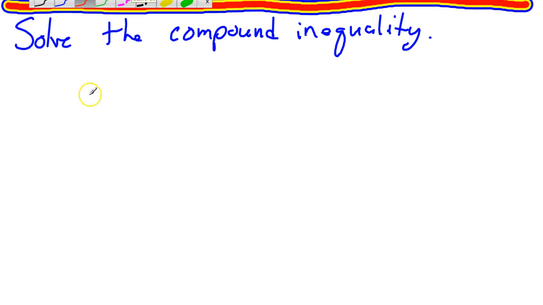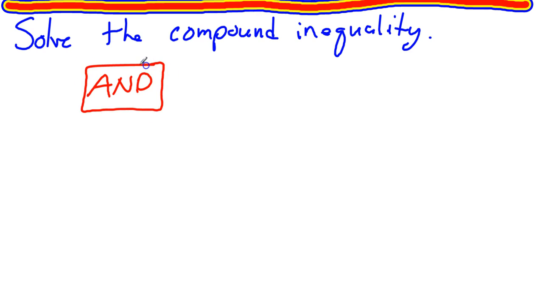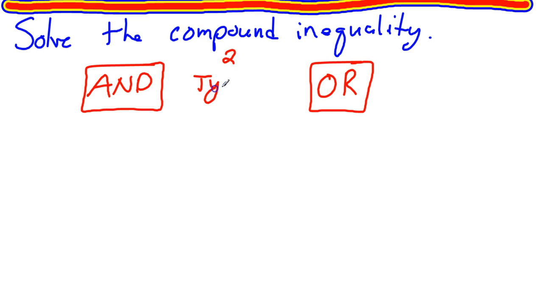The first type is what they would call an AND graph. So with the two types, you've got an AND inequality, or you have an OR inequality. And that's your two types you're going to have.